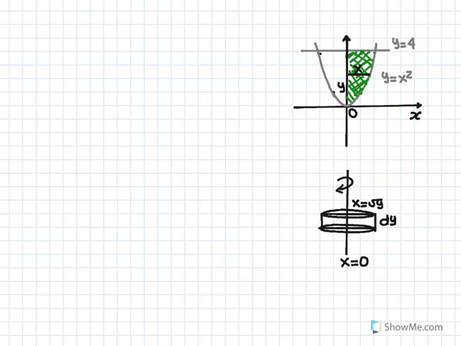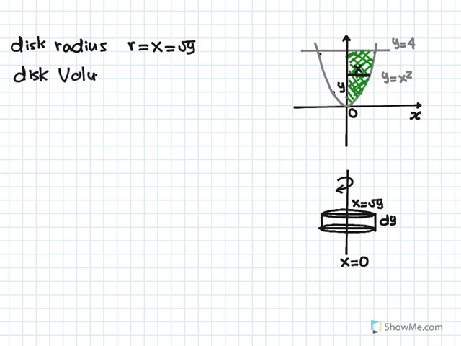So what is a disk radius? The disk radius r is equal to x, and x is equal to root y. So this is a disk radius right here. All right, what is a disk volume? The disk volume, dV, is equal to pi times radius squared.